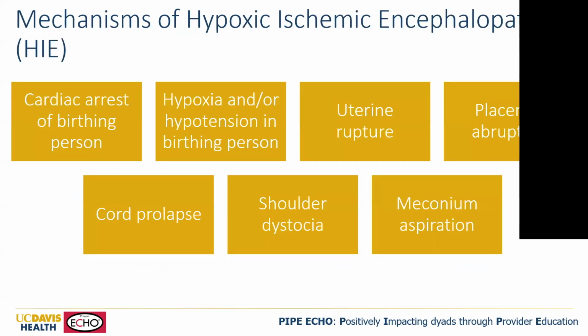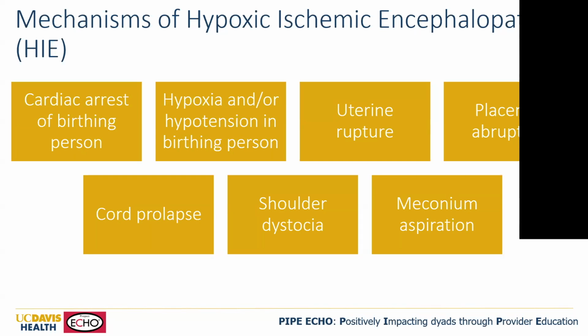So what kinds of things make us concerned or possibly lead to hypoxic ischemic encephalopathy? Obviously, cardiac arrest in the birthing person, which is a detriment to both them and their baby. Hypoxia and/or hypotension of the birthing person. We saw a lot of that with COVID, patients that were hypoxemic and then their babies were in distress.